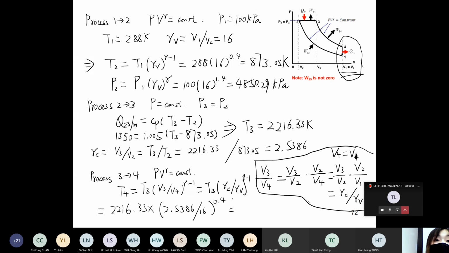One more thing. Good. Here you should pay attention. We rewrite the ratio of V3 to V4 by using the cutoff ratio and compression ratio. Here, V1 equals to V4, okay?